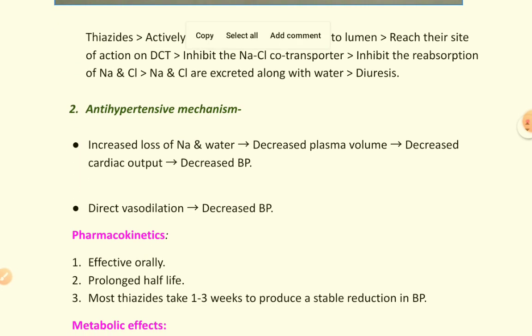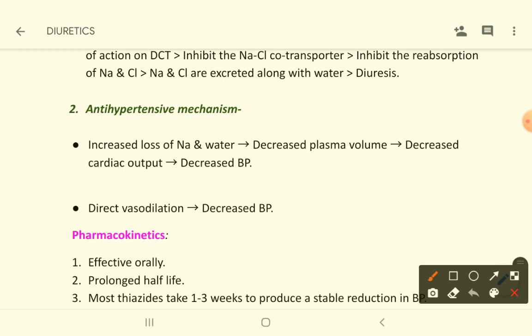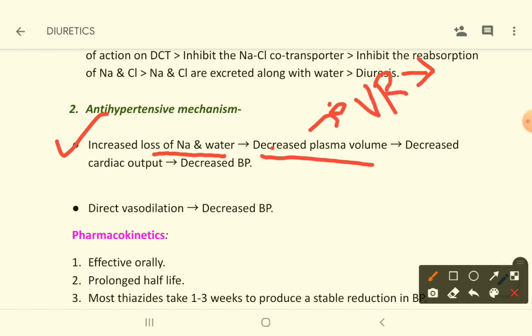Now the antihypertensive mechanism. Of course, thiazide diuretics increase the loss of sodium and water, that will decrease the plasma volume, decrease the venous return, ultimately decrease the end-diastolic volume and cardiac output, and decrease blood pressure.